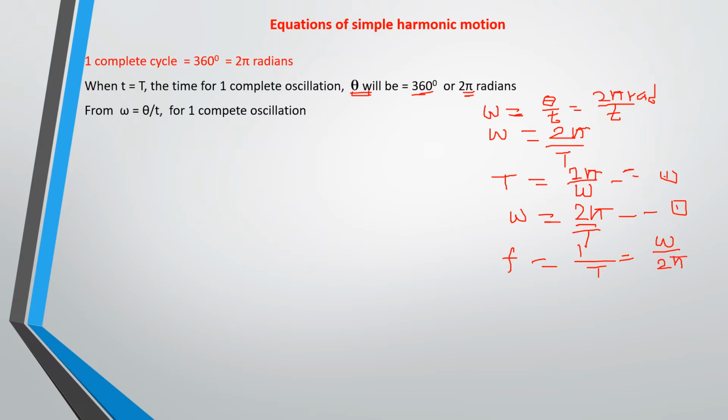So that means that angular velocity will be equal to 2 pi times frequency. So this is another equation that you should take note of. So these are three equations. Please take note of them. They are very, very important when you are solving problems that have to do with simple harmonic motion, right?